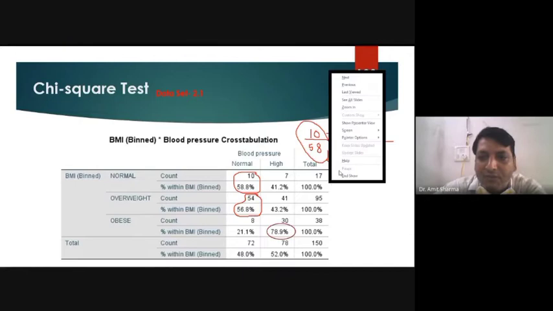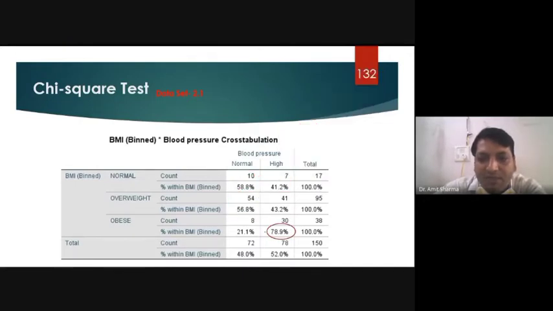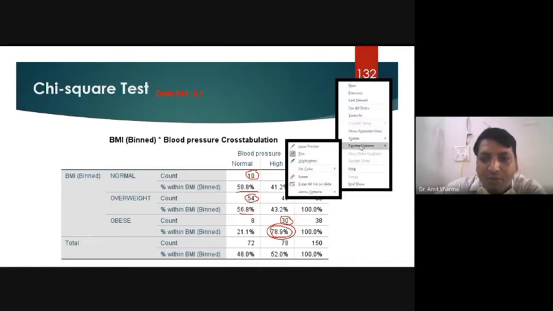So from this table, what you are going to code, you are going to find out where the maximum percentage is. Here you can see the value of 54 and value of 10, but their percentage is 58, 56, but where the number is 30, the percentage is highest, 78.9. This 78.9 you are going to quote in your results.